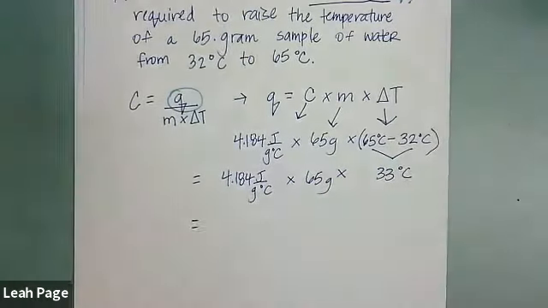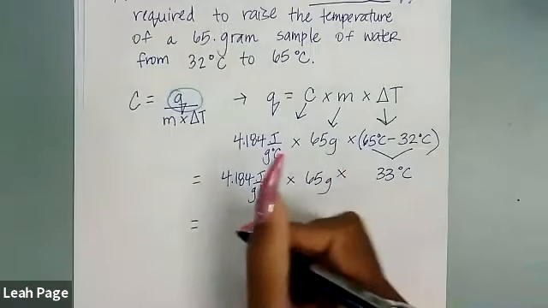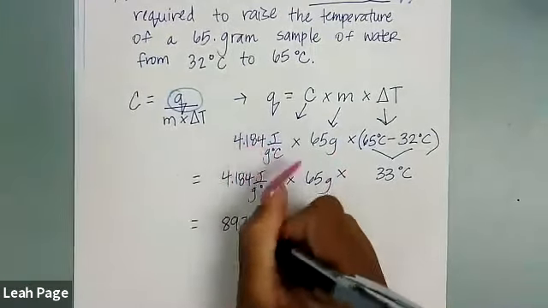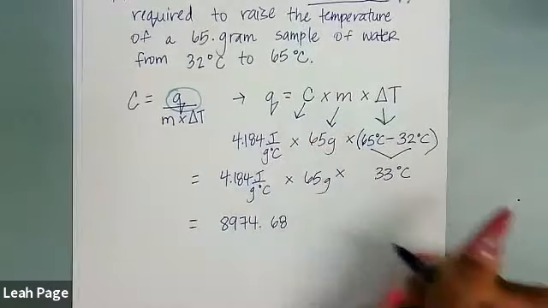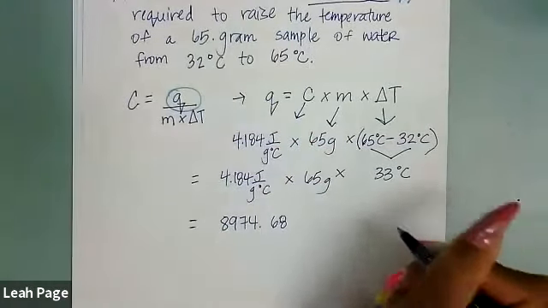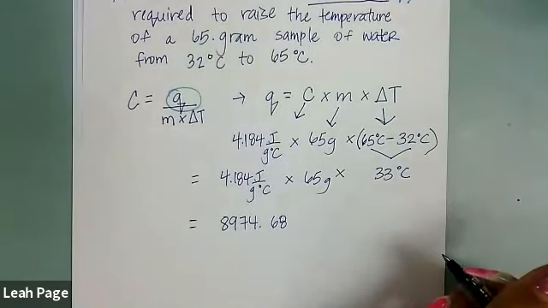What would you guys get in a calculator before you even think about the sig figs? What's a calculator say? 8974.68. So it says 8974 point what? 68. And this is going to be in units of what, guys? What's my units?